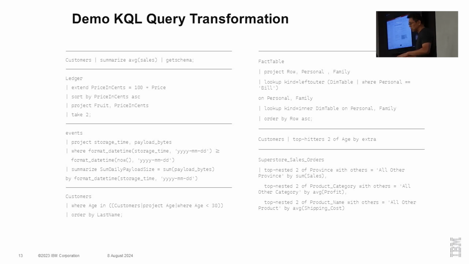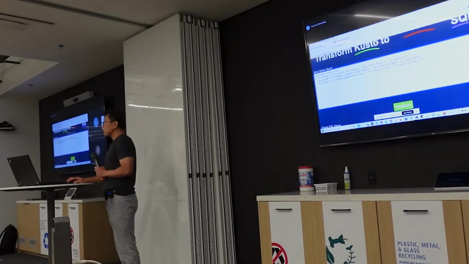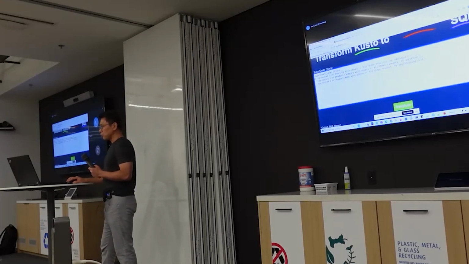Well, let's just go directly to the one we were talking about before. This query answers 3 business questions in one shot. This is the KQL query that answers the business question I showed before: top 2 provinces by total sales, top 2 product categories by average profit within the top 2 provinces, and then top 2 product names by average shipping cost within this category.